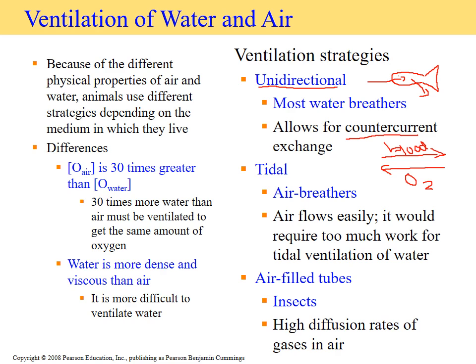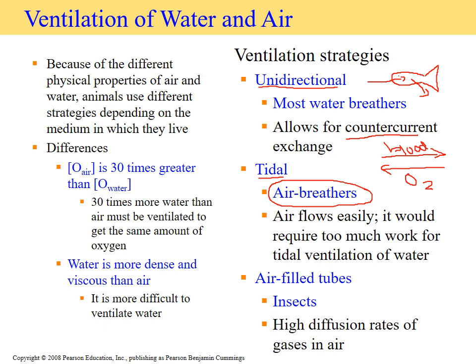On the other hand, if you have an air breather, because it's so easy to extract your oxygen out of the air, we don't need to do unidirectional ventilation. We can just go ahead and do tidal, which means that it's entering and exiting towards the same opening or chamber. So for us, as I was mentioning before, our nasal cavity with our trachea and the lungs just going back and forth.